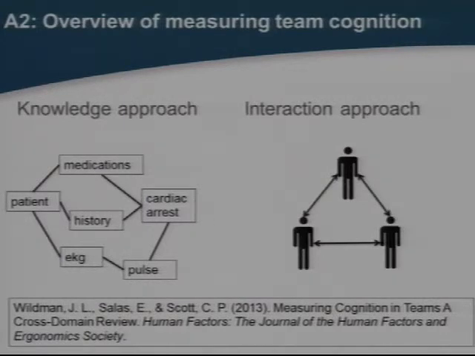One of the earliest techniques of this was the SAGAT approach developed by Mica Endsley, in which she developed situational requirements and probed individuals to ask them what they know about their environment.